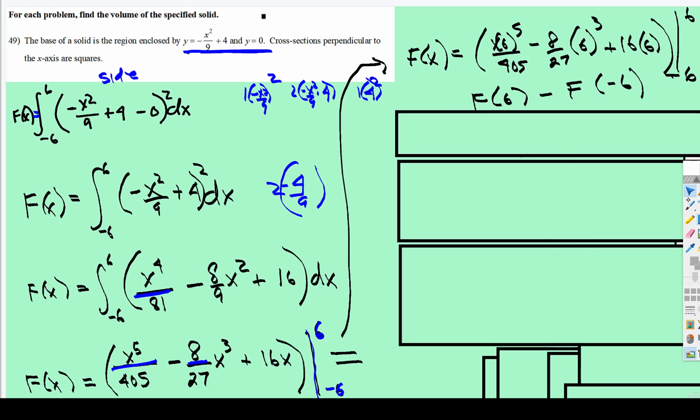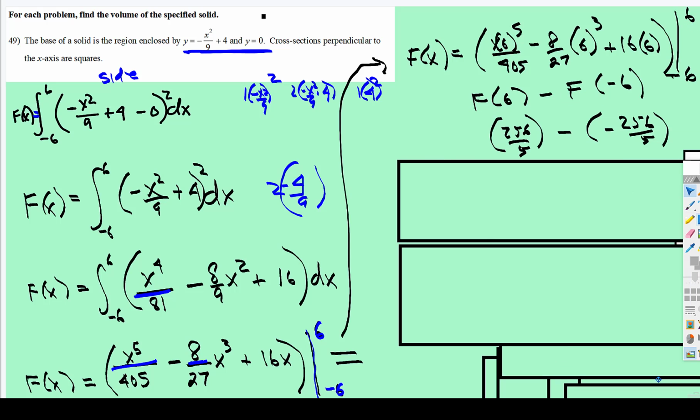Now we're going to plug in f of 6, subtract f of negative 6. So when you plug 6 into this function, you get 256 over 5. We're going to subtract, when you plug negative 6 into here, you get negative 256 over 5. Subtracting a negative is the same as adding a positive.